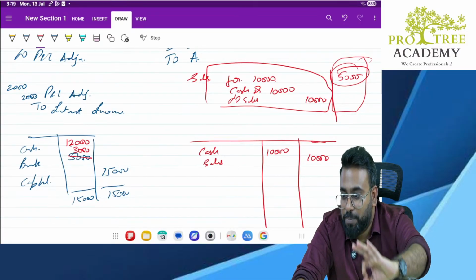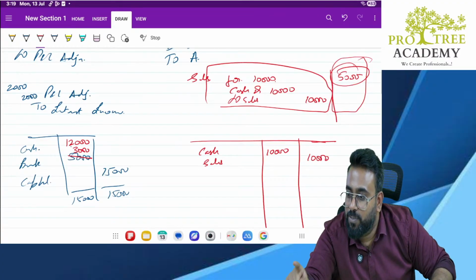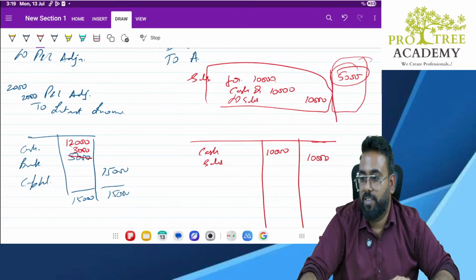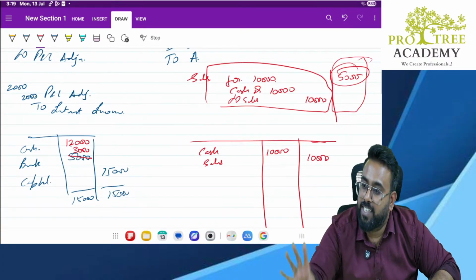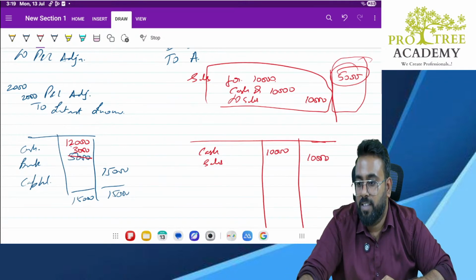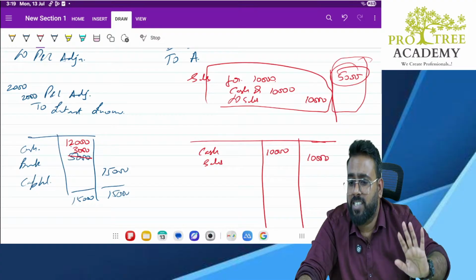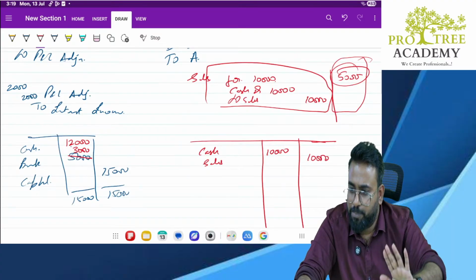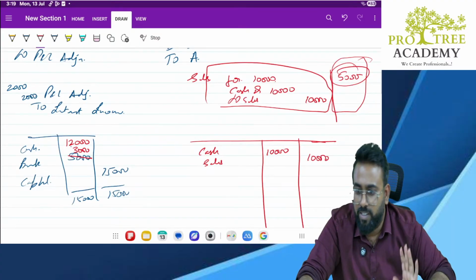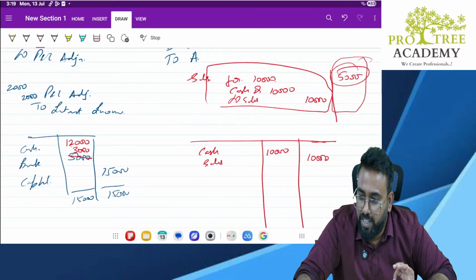Then your assets and liabilities will get adjusted from suspense account. Your income and expense will still get adjusted in P&L adjustment only. Am I clear? Only asset and liability will get adjusted against suspense. Your income and expense will get adjusted to P&L only, if they are given in the question like that.